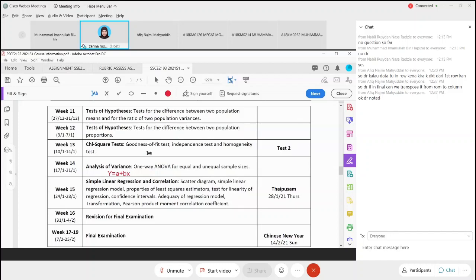Whereas from chapter 5, independence test, you learn about whether the faculties are independent or not with the activeness, whether students are being active in co-curriculum or not. So you identify whether students who are active doesn't depend on whichever faculty they come from.